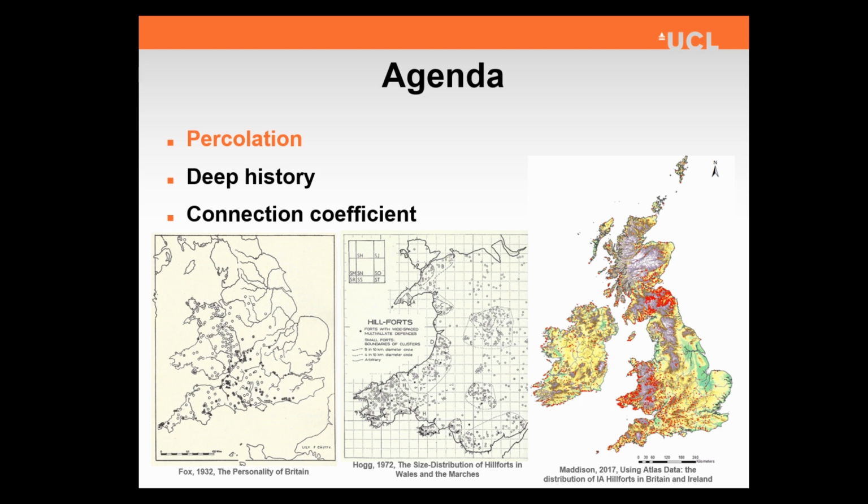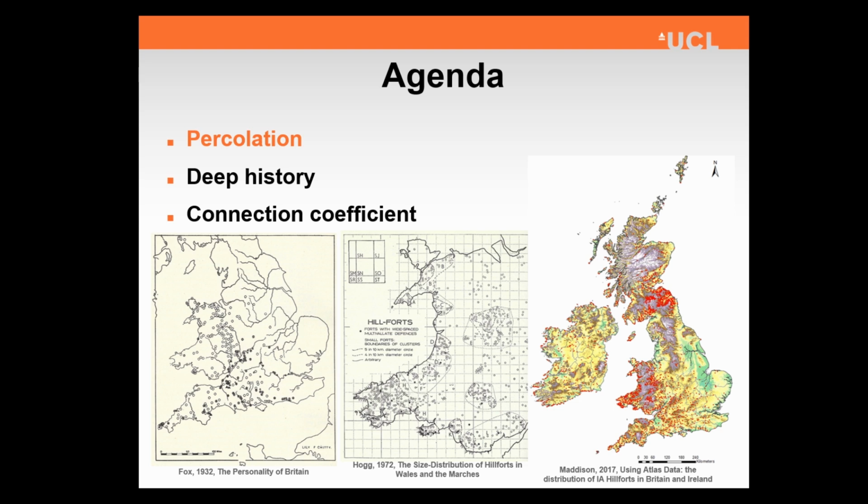So percolation analysis is a recent way that we've started working with for looking for patterns in spatial arrangements. And this is part of a long tradition. Going back to the 1930s, we've got work that Fox was doing, looking at hill forts in Britain, and he tried to categorise these in that particular instance on the basis of the type of entrance that they have, a feature.